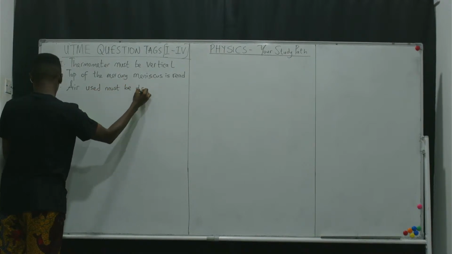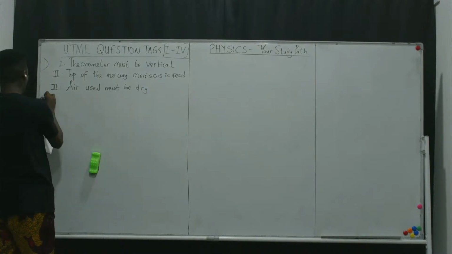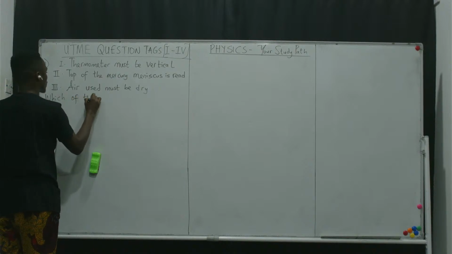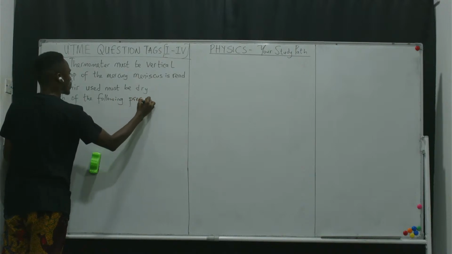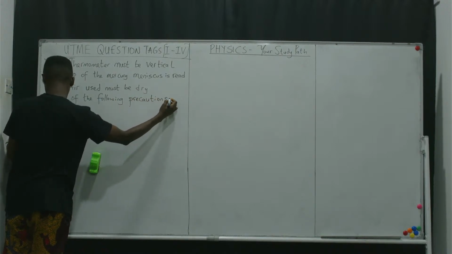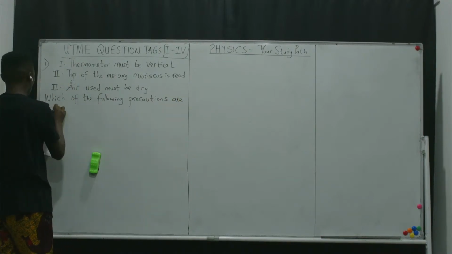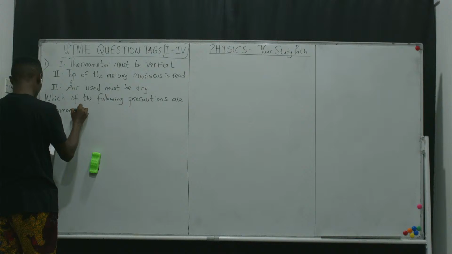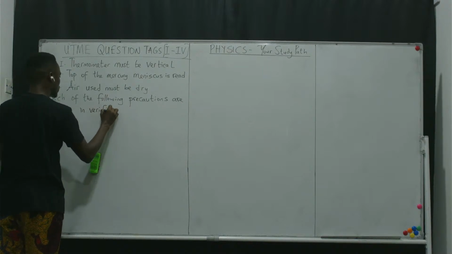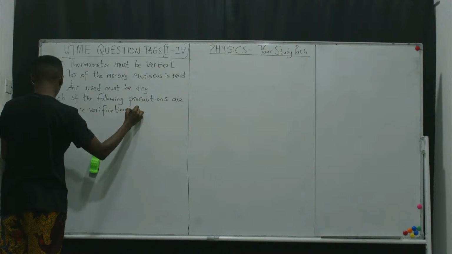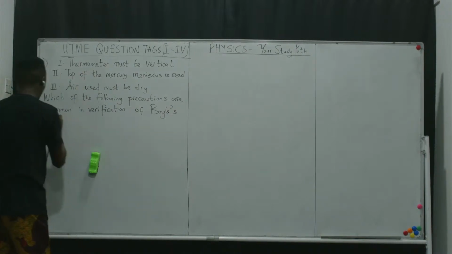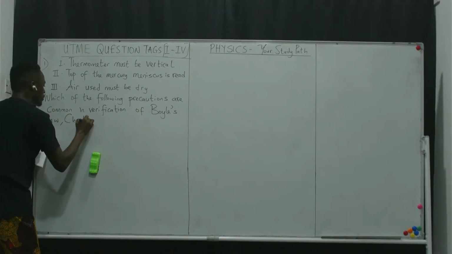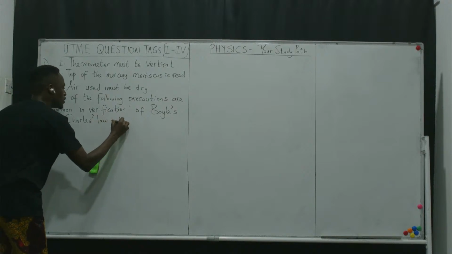So this question is saying, which of the following precautions are common in the verification of Boyle's law, Charles law, and pressure law?